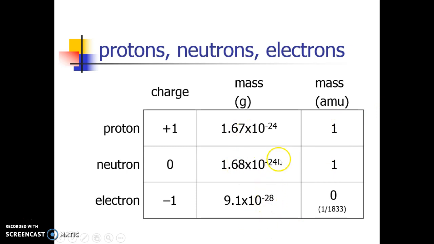Electrons, notice, are 1,000 times smaller, 4 decimal places smaller, which means that compared to a proton or a neutron, the electron weighs almost nothing. Okay, now, almost nothing, even though we write 0, please do realize that it has a little teeny mass.